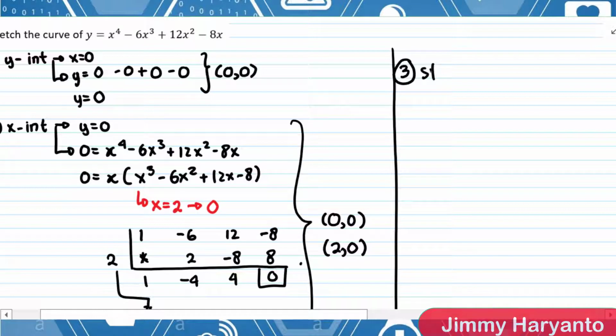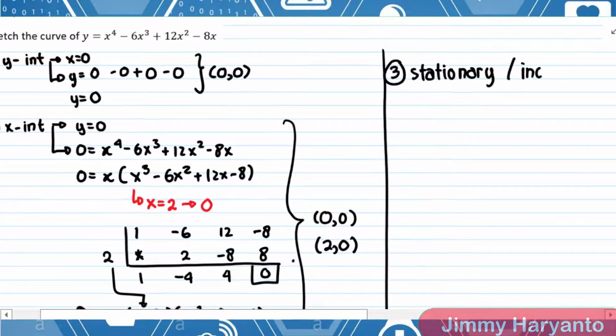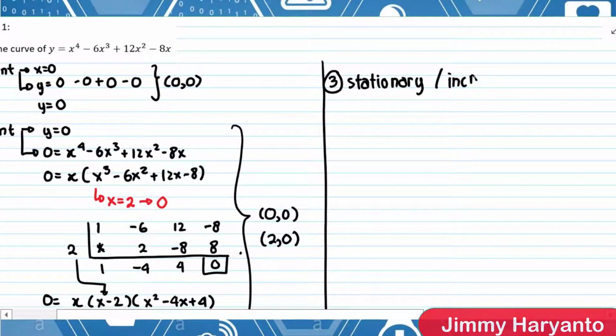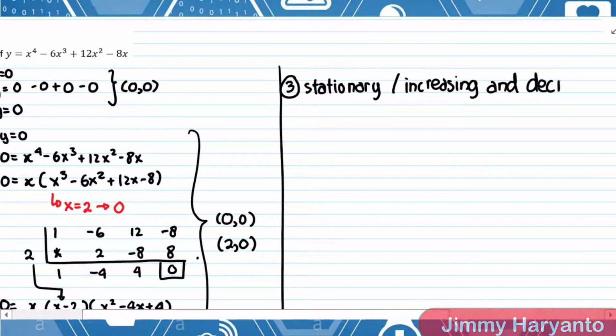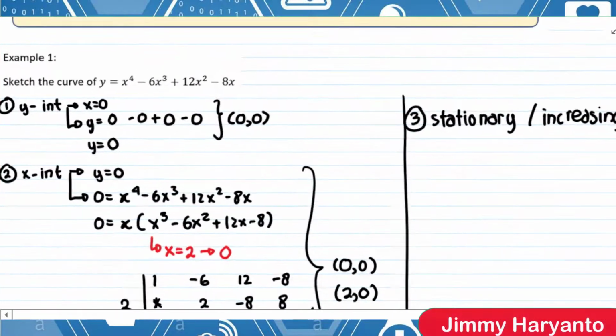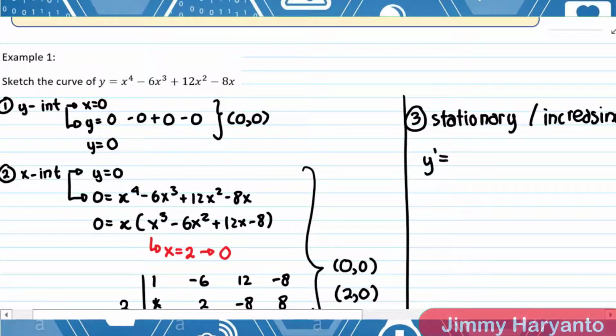Next is to find the stationary points, and also the increasing and decreasing intervals. To find the stationary points, you have to find the derivative, y prime, which will be 4x cubed minus 18x squared plus 24x minus 8.